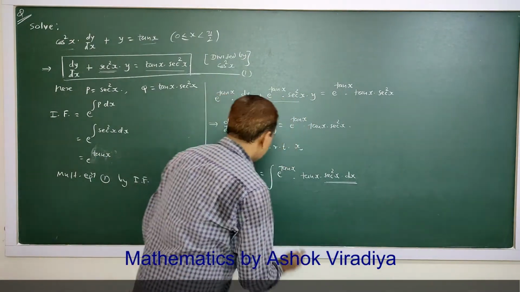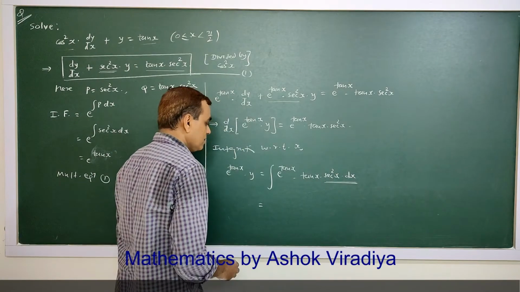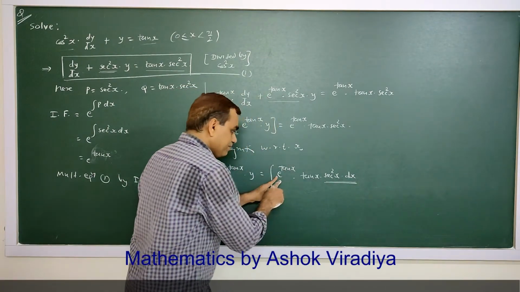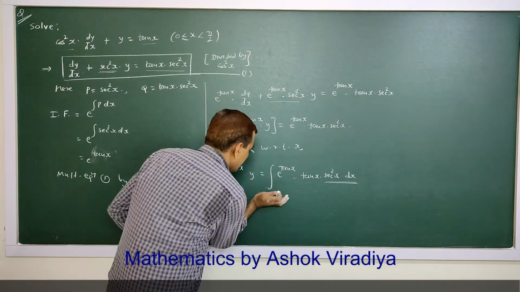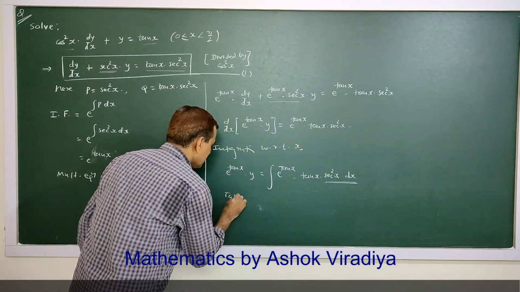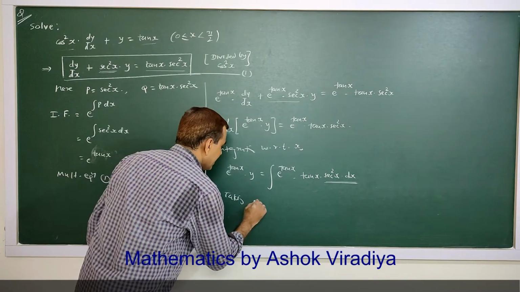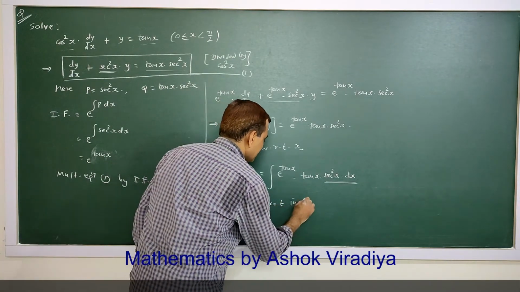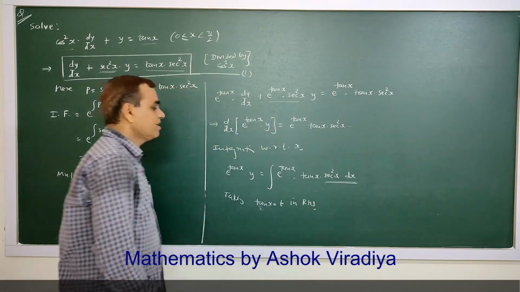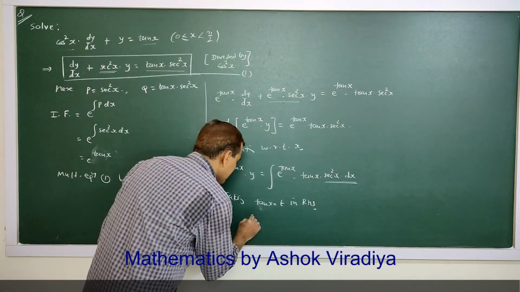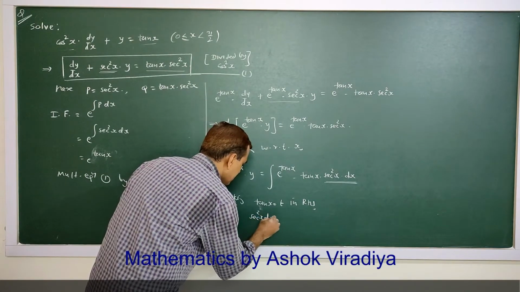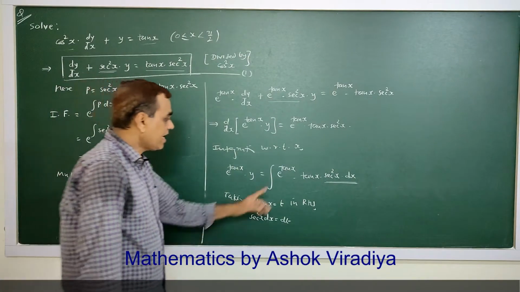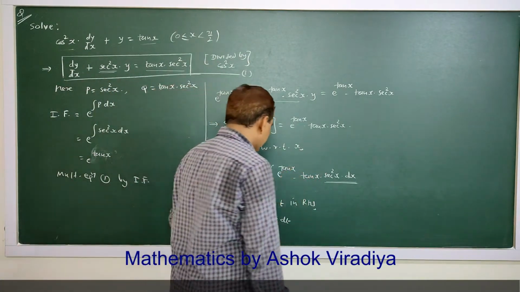Suppose I continue this as equal to, here we take tan x equal to t. Taking tan x equal to t in RHS, sec square x dx equals dt. Tan x is t, so sec square x dx is dt.